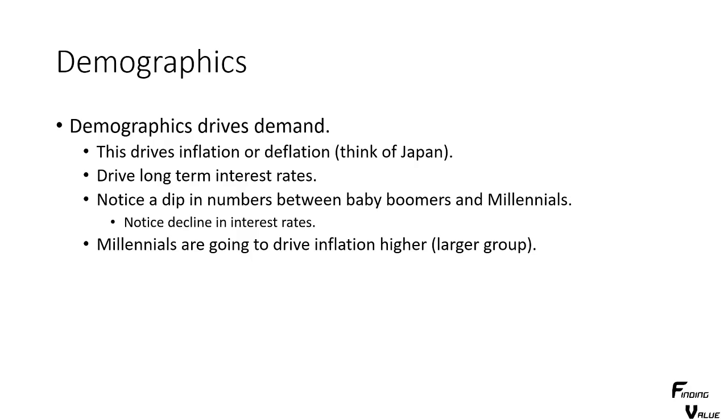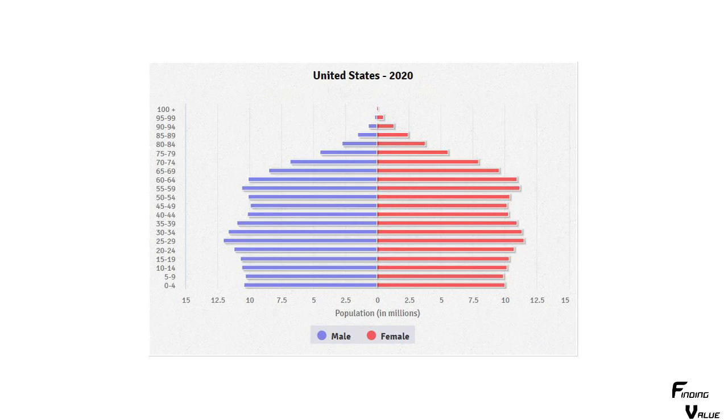Millennials are coming, and they're a larger population. They are going to drive inflation higher because of this larger group of demographics. And here's the chart. This is what the demographics look like. The baby boomers are right here. That is this age group up here. And see how it declined in population here to Gen X?